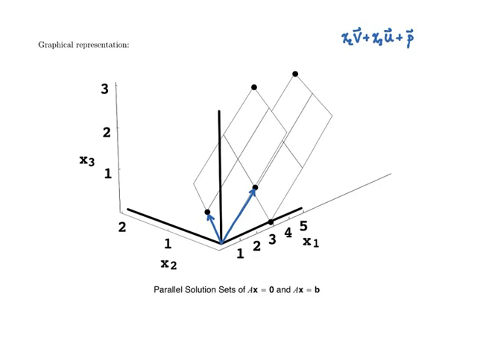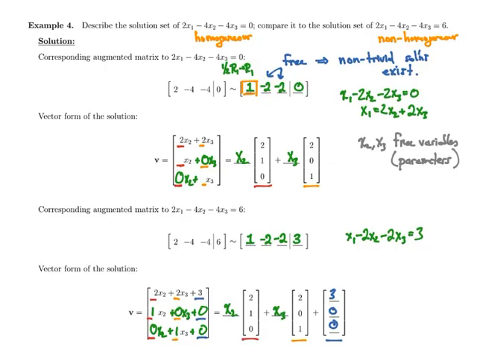Let's go back to the previous page and say that again. This is equal to x2 times some vector v. V is the vector 2, 1, 0. Plus x3 times the vector, we'll call it u, and then plus some vector p.